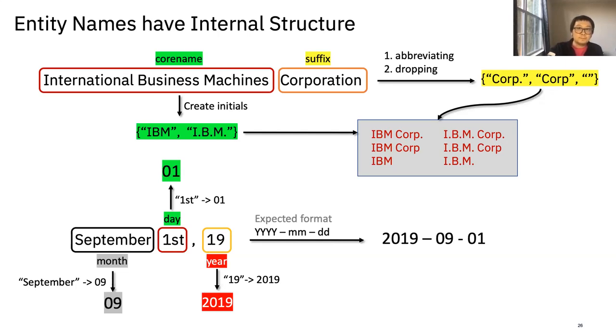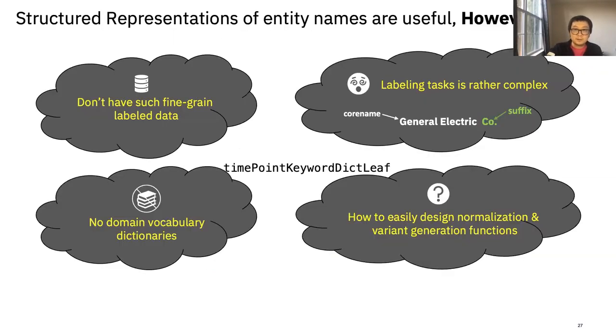So this simple example shows that the structure representation is useful, but there are some dark clouds. First, we don't have such fine-grained labels to train a model to parse the structure. Second, I may not have any dictionaries to capture domain vocabulary.